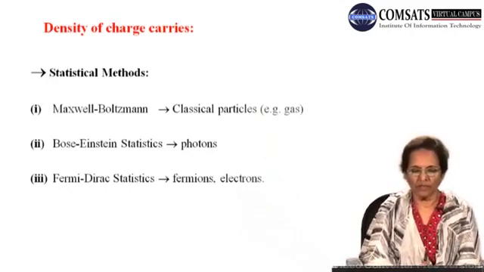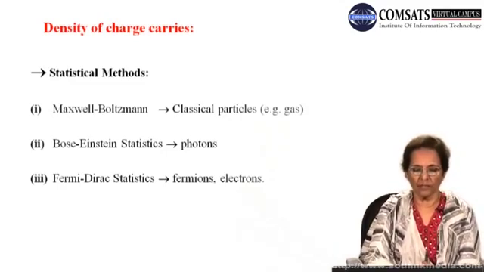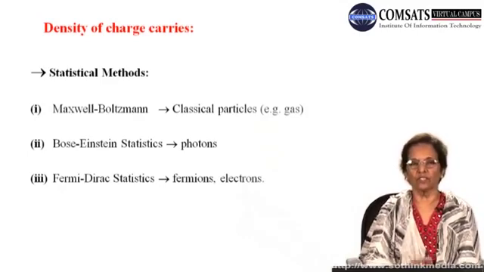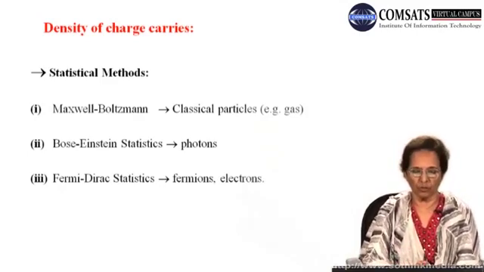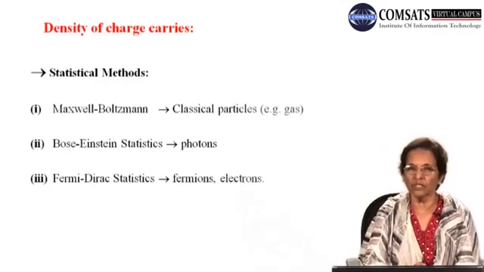The classical particles, as you would recall, are subject to the Maxwell-Boltzmann distribution, and photons having spin 1 are subject to Bose-Einstein statistics. Electrons, as I just mentioned, are fermions.